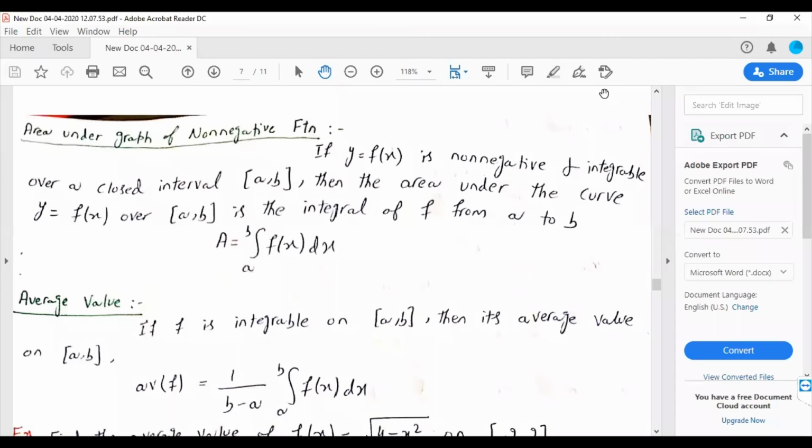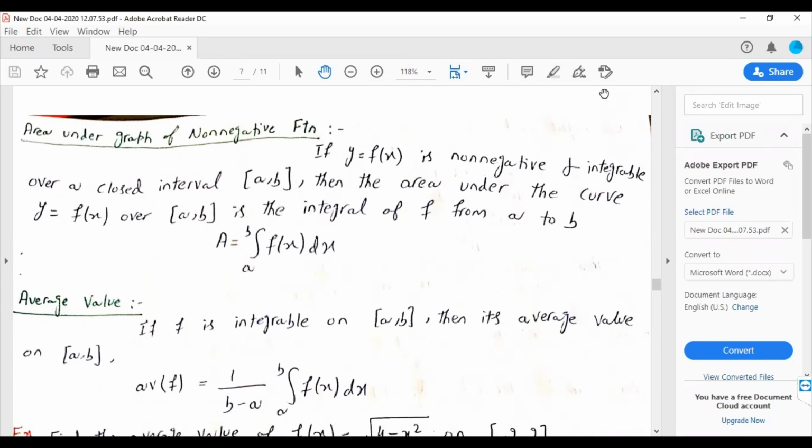And now comes one of the important applications of the definite integrals, which is basically the average value of a function. So one of the main applications of the definite integral is to find the average value of a function y equals f of x over a specific interval a to b.